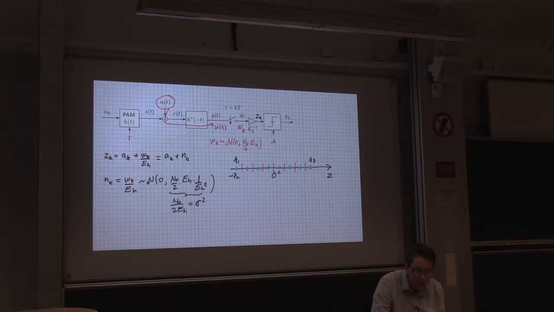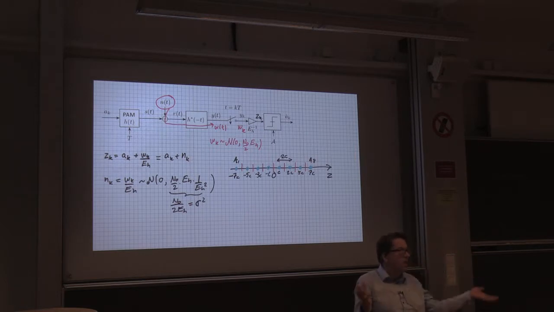So the first point is at C, the other point is at 3C, 5C and 7C to the right here. So the distance between 2 points is 2C, like this. So we have -5C, -3C, and -C here. Okay. And C is some constant that we have chosen. Okay. So here we have the constellation.